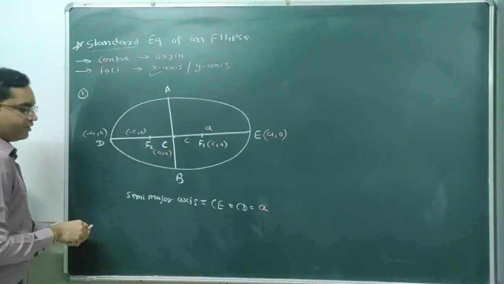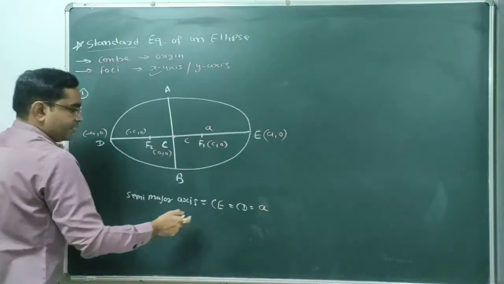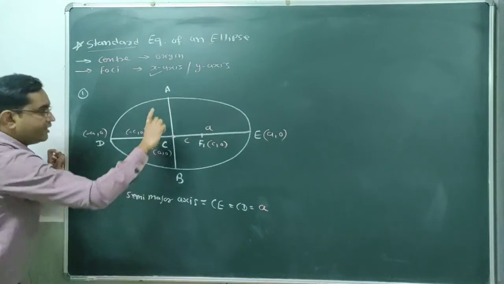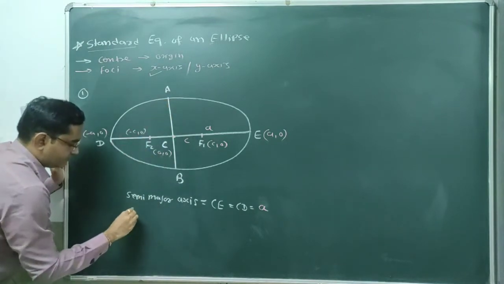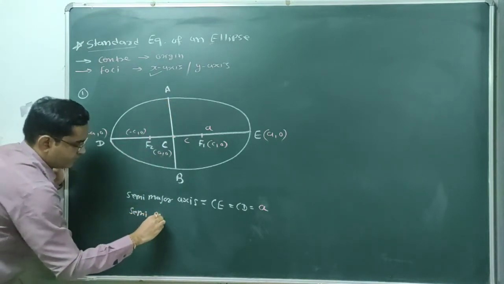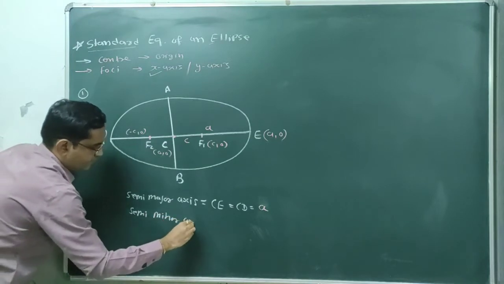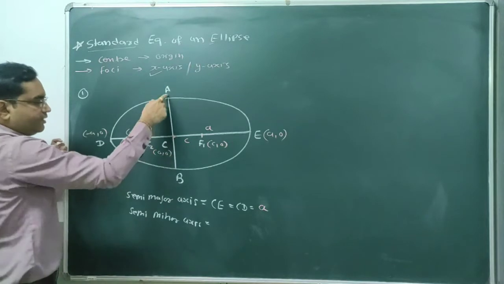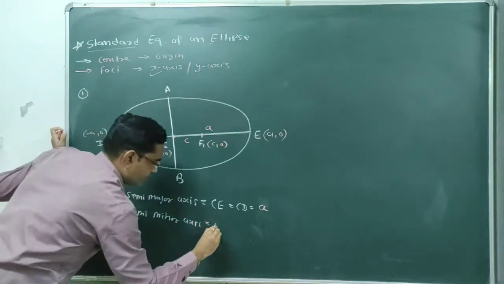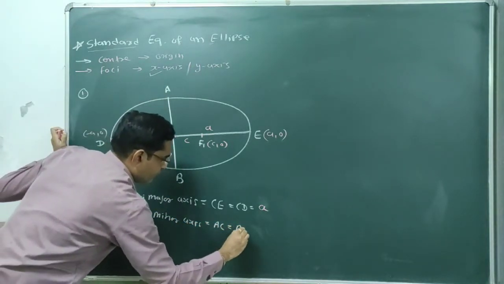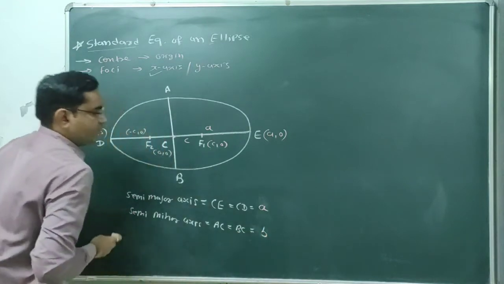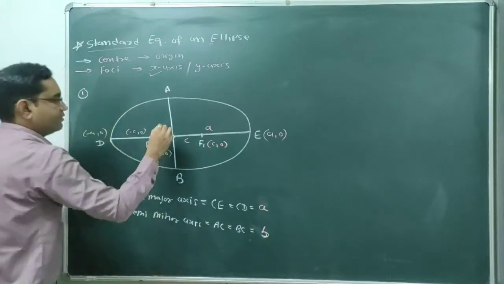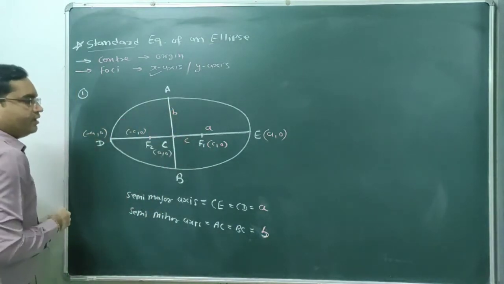This is nothing but the horizontal ellipse in which major axis lies along with the x-axis and minor axis, here we can write this one as a semi-minor axis, and minor axis lies along with the y-axis. So that is nothing but the AC or BC, and that is equal to b. Small b is the length of semi-minor axis. This is small b. Done.